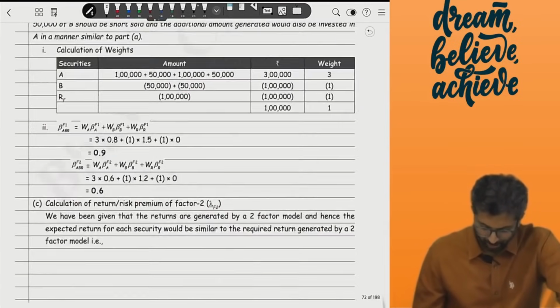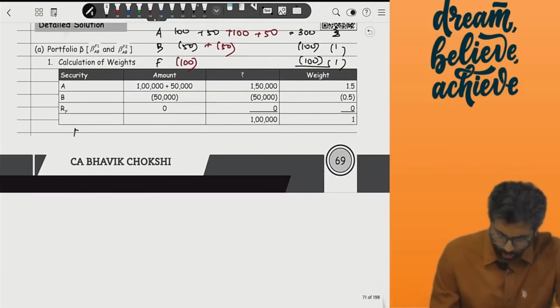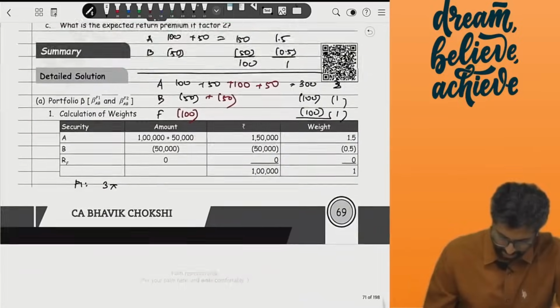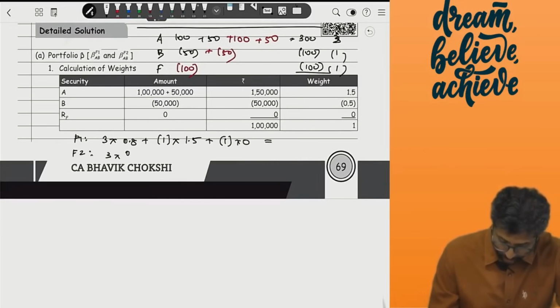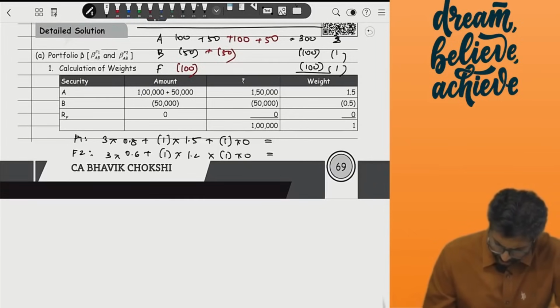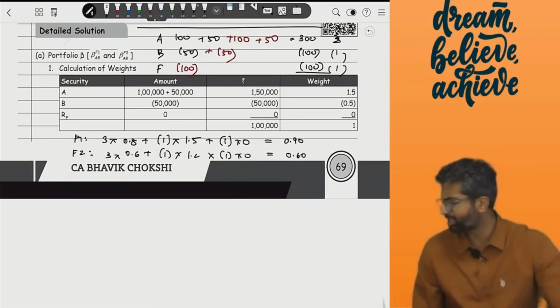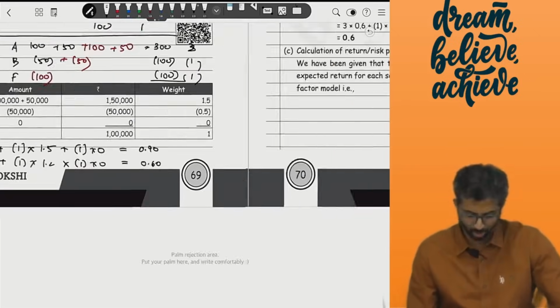So if I were to find a portfolio beta over here, to factor 1, I will say 3 into, let us say, 0.8 for security A, plus a -1 into 1.5, plus a -1, let us say, into 0, but for academic completion take that, factor 2, 3 into 0.6 plus -1 into 1.2 plus a -1 into 0. If you do this working, probably this is 0.9 and probably this is 0.60. This is your portfolio betas if it is required.